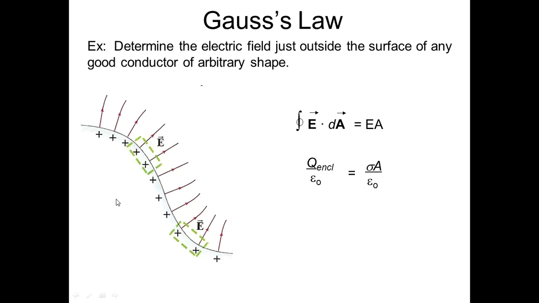Similar to the last one, the areas will cancel out when I set these equal. And so I have sigma over epsilon naught. It's very similar to the last one, except the last one had 2 times sigma over epsilon naught. That's because we had an E field going out both sides of the pillbox. Here, because it's a metal, we're only going to have E field in one direction because we can't have an E field inside the metal. It would cause the charge to accelerate.